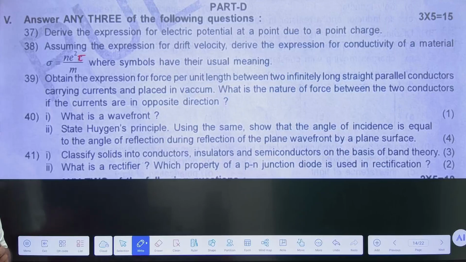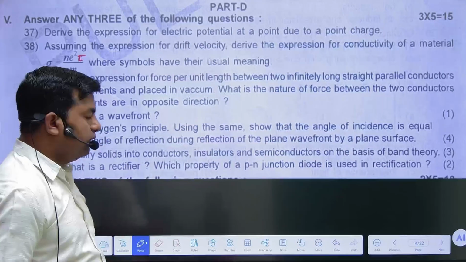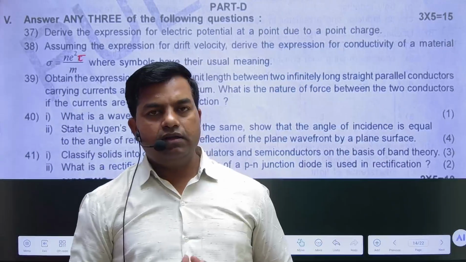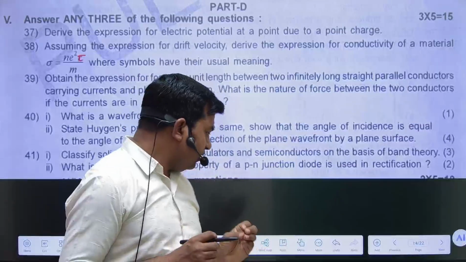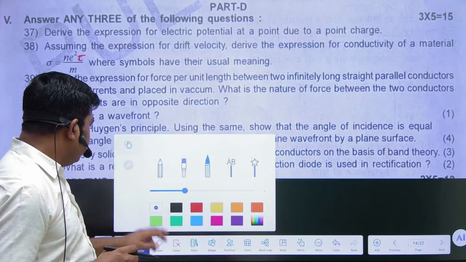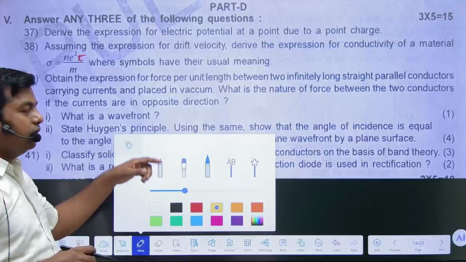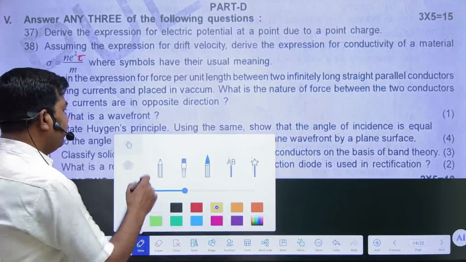Next one is, what is the wavefront? You have to understand what we mean by the wavefront. The wavefront is the imaginary surface drawn at any instant on which all the particles of the medium vibrate in the same phase.